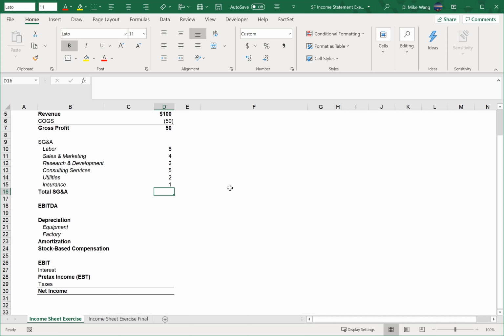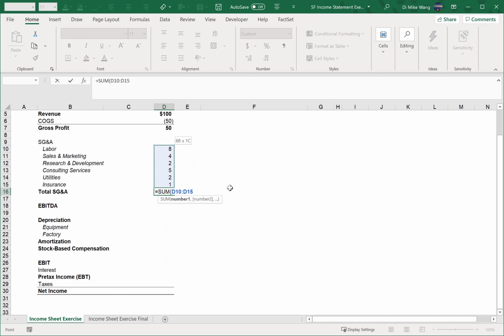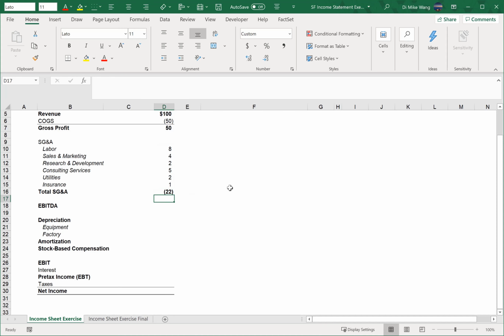So we'll just sum up our SG&A items here. But don't forget, we're going to make this a negative number in order to capture that it's an expense. After accounting for SG&A or operating expenses, we are left with earnings before interest, taxes, depreciation, and amortization, otherwise known as EBITDA.